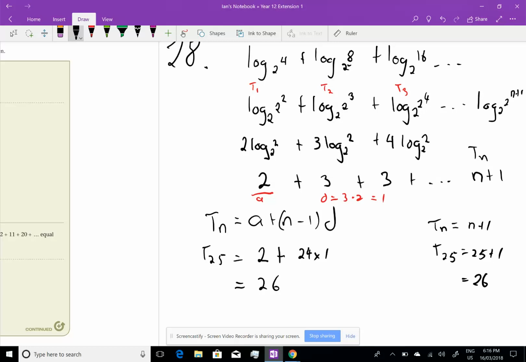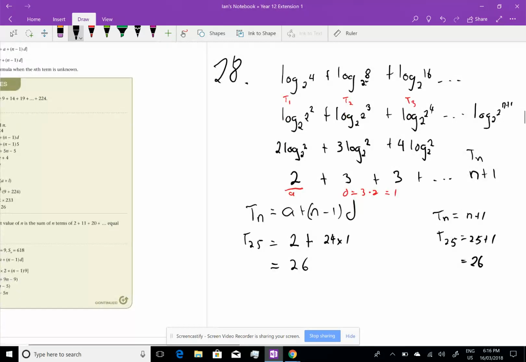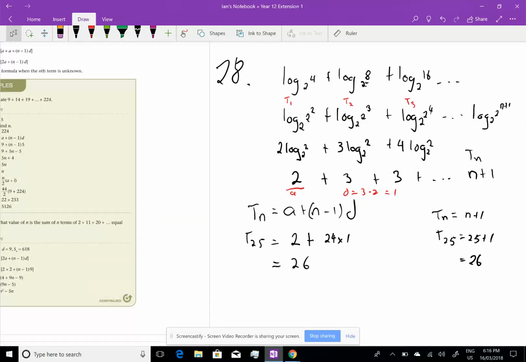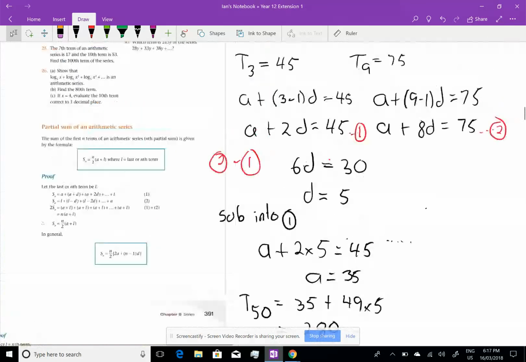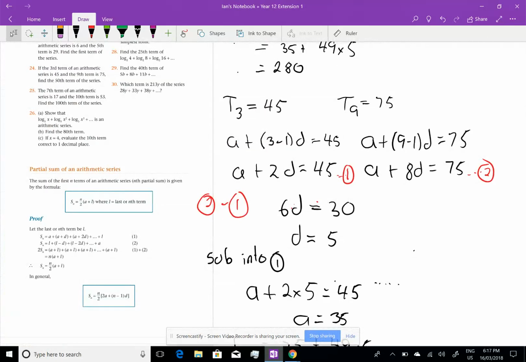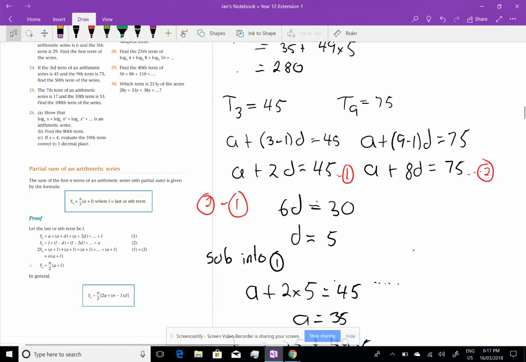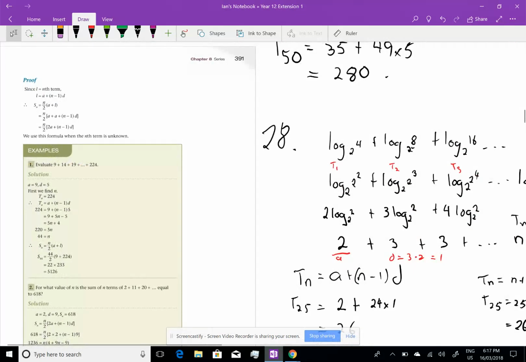All right. Question 30, last one. Which term is 213y of 28y, 33y, 38y?